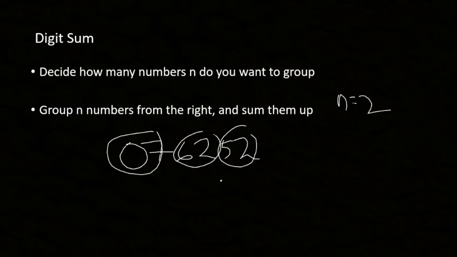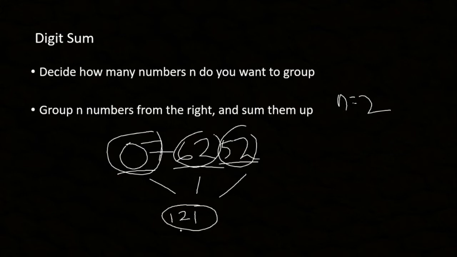So I want the sum of 7 plus 62 plus 52, and that would be 11 plus 60 plus 50, it'd be 121.